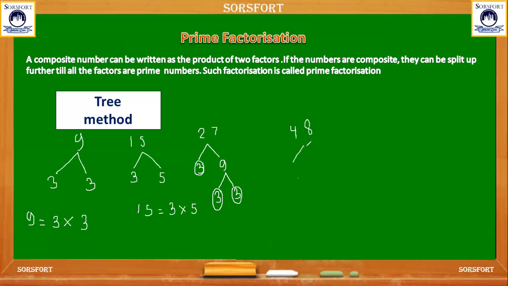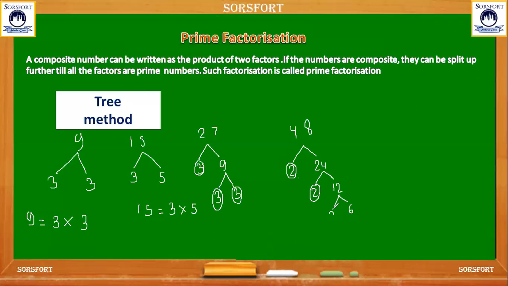Let's take another number, 48. I will split 48 as 2 into 24. Here 2 is a prime number and 24 is a composite number, so I split further: 2 into 12. Again 2 is prime and 12 is composite, so 2 into 6.